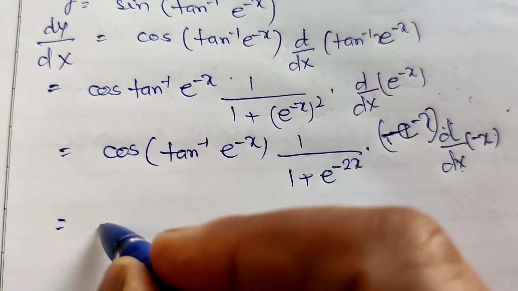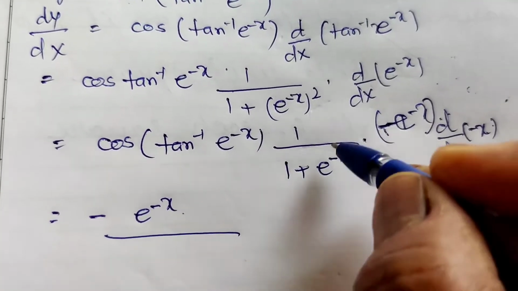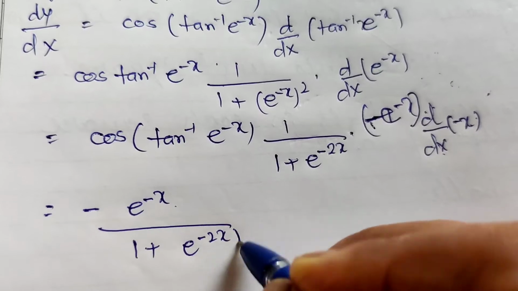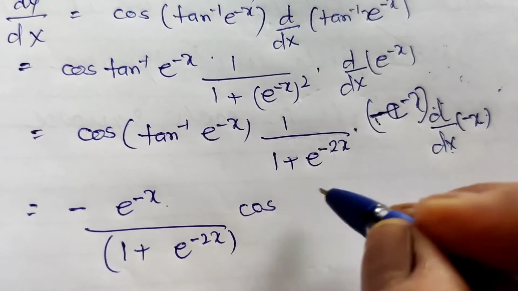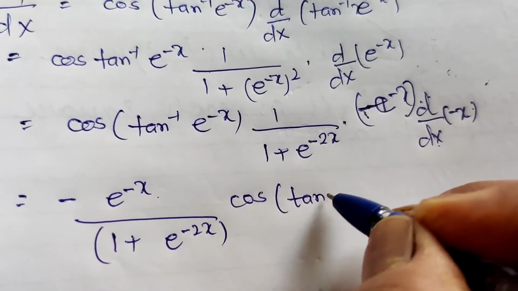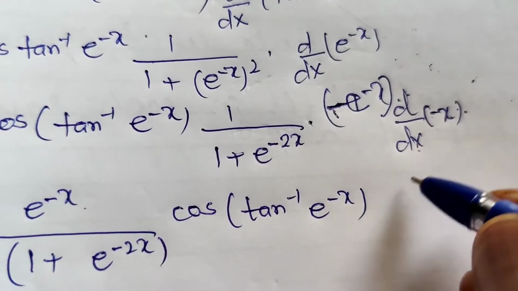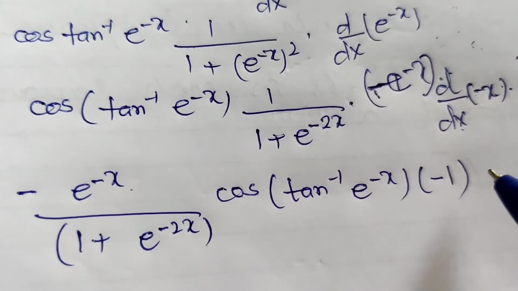Now we can write minus e raised to power minus x upon 1 plus e raised to power minus 2x, and cos tan inverse e raised to power minus x, and the differentiation of minus x equals minus 1.